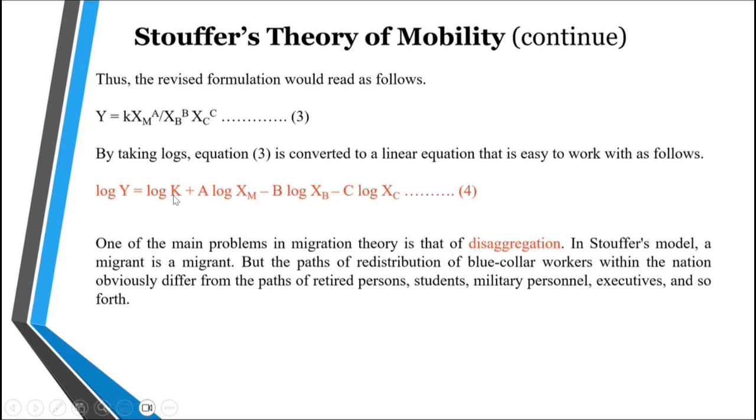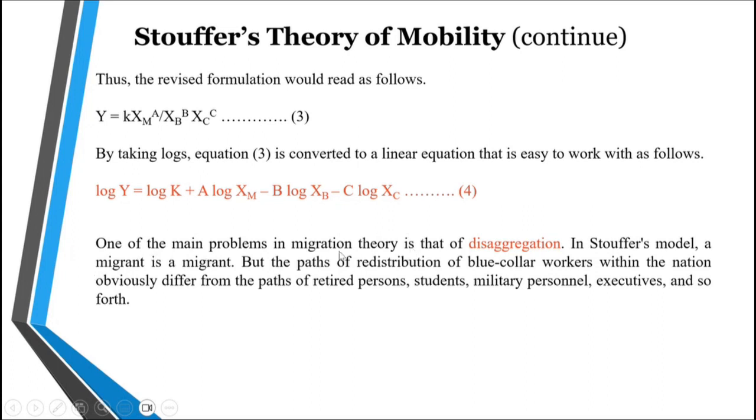Log K is a constant, therefore you do a normal regression with a constant, then the constant number will represent K, and the coefficient for factor XM, B is the coefficient for factor XB, C the coefficient for factor XC. So with this one you can do a regression model or empirical model to prove it.